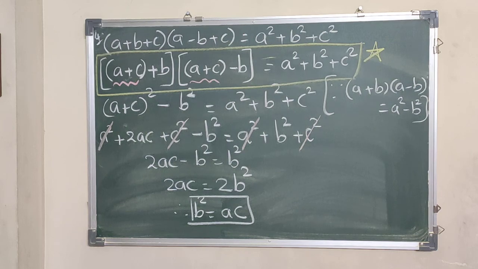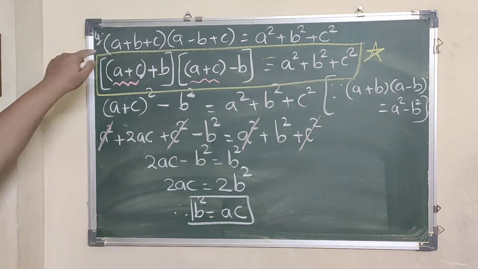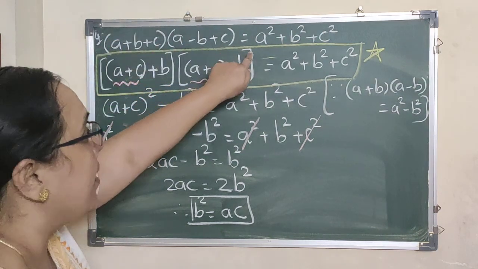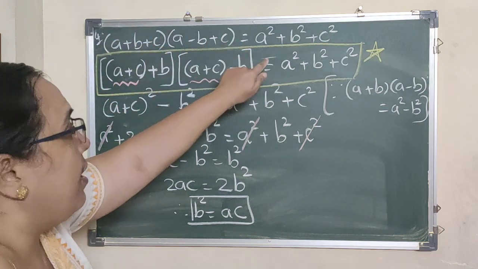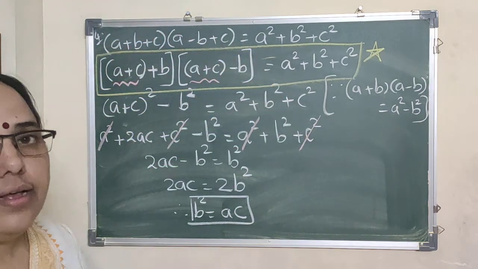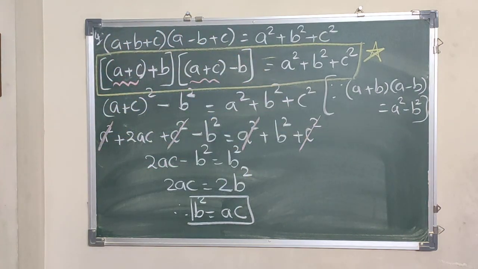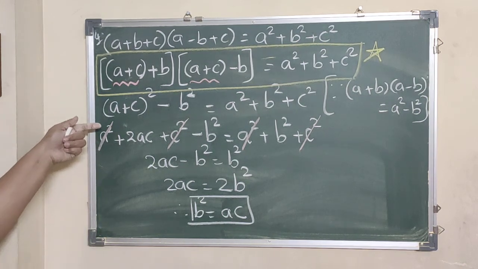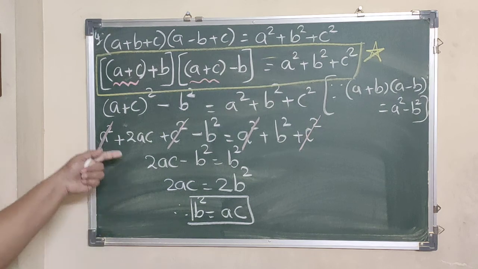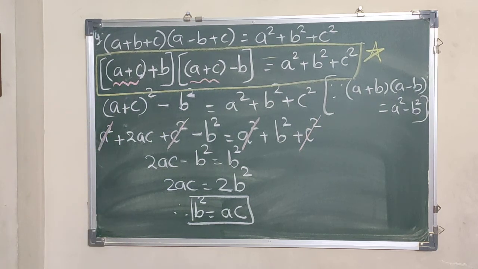You could have done it by opening the bracket, splitting the first bracket, multiplying the second term, and the third term. That way also you will reach the answer, no doubt about it. But it may not get over in these many steps. It will become a bigger calculation further. So that is why this becomes a key step.